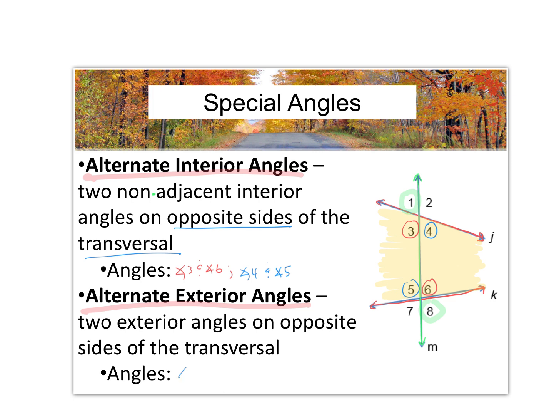So angle 1 and angle 8 are alternate exterior angles. And then following that, angle 2 and angle 7 are alternate exterior angles as well. So again, start to learn the differences. You want to differentiate between the interior ones and the exterior ones, and then alternate ones. Understand what we mean by that.